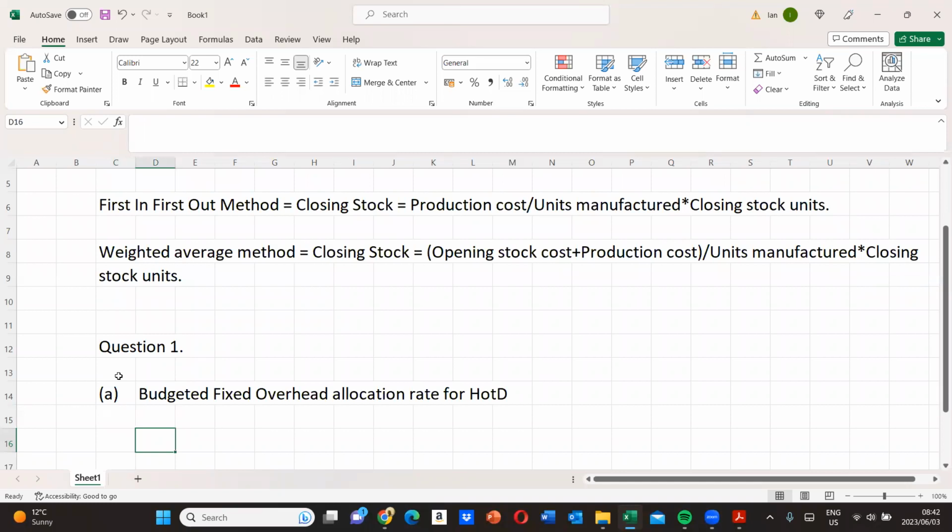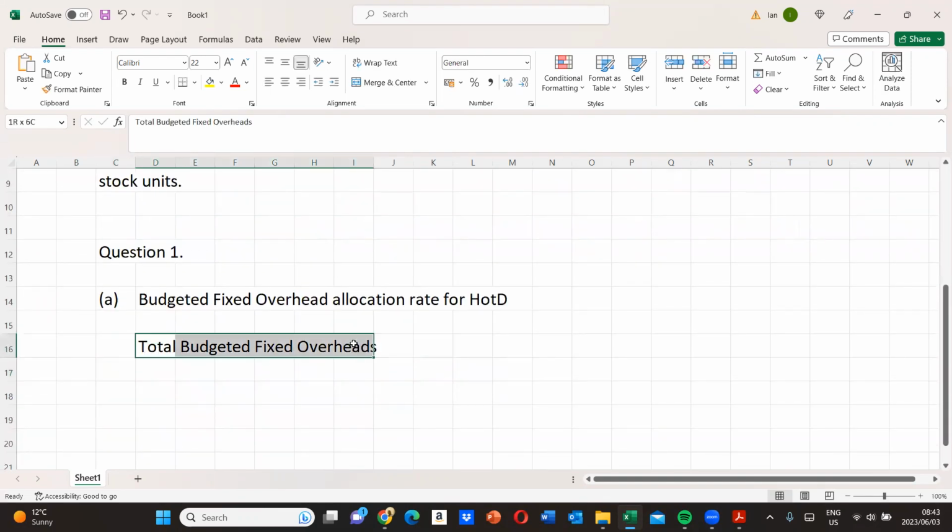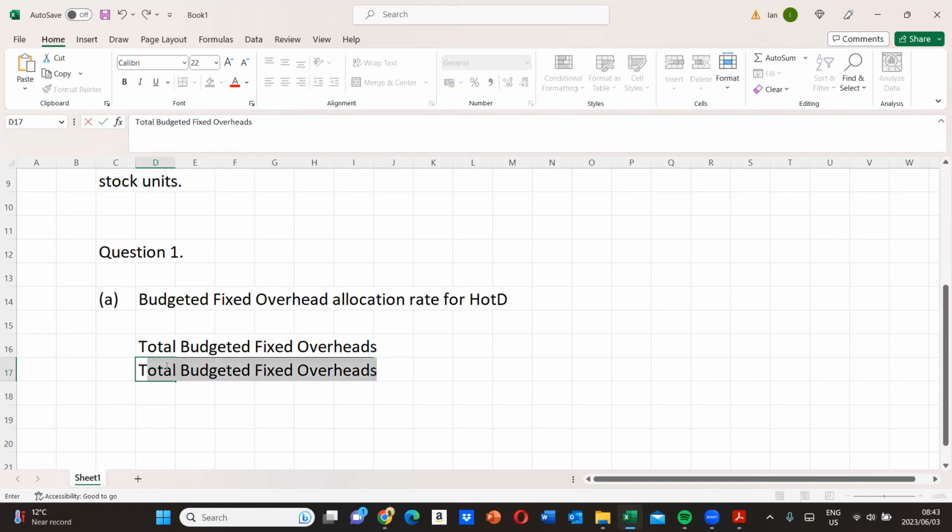It's budgeted, so it's total budgeted fixed cost or overheads. Then you divide it by what? In regards to this question, they're telling us to use labor hours. So we divide by total budgeted labor hours. This is what's going to give us that part.